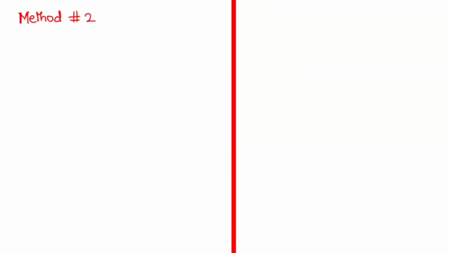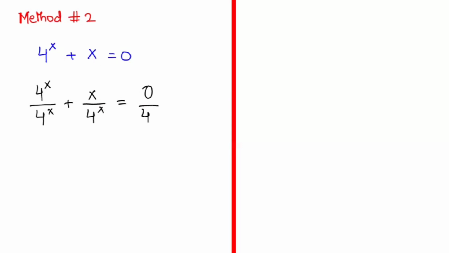In method 2, I'm going to write the expression 4 to the power of x plus x is equal to 0. Now I will divide both sides by 4 to the power of x. So here we have two numerators. I write 4 to the power of x over 4 to the power of x plus x over 4 to the power of x is equal to 0 over 4 to the power of x.